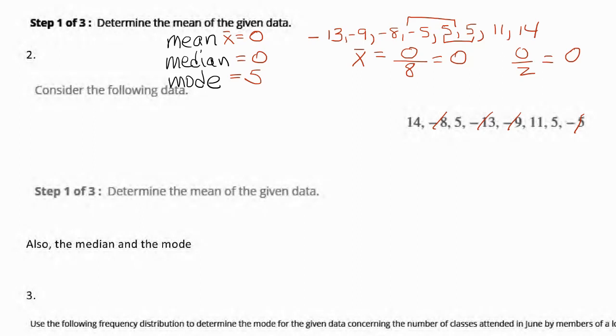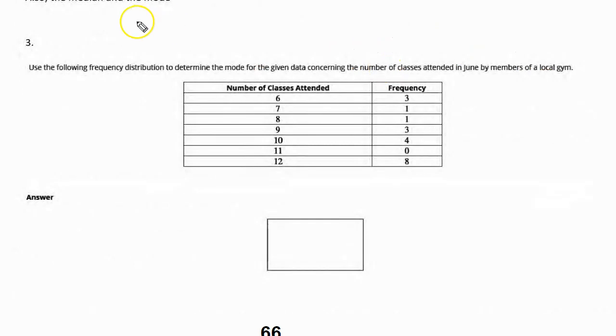Be sure you are asking questions if you're not sure of something. Here we have a frequency chart. So here are the number of classes attended, and here is the number of frequencies of each of these items of data. So the total number of frequencies as we add up this column, and I'll give you this hint, is 20.